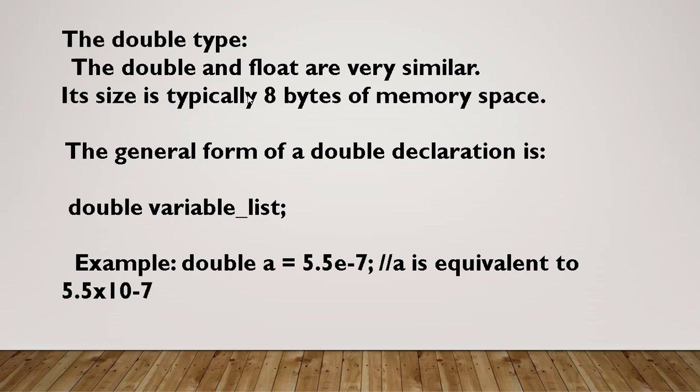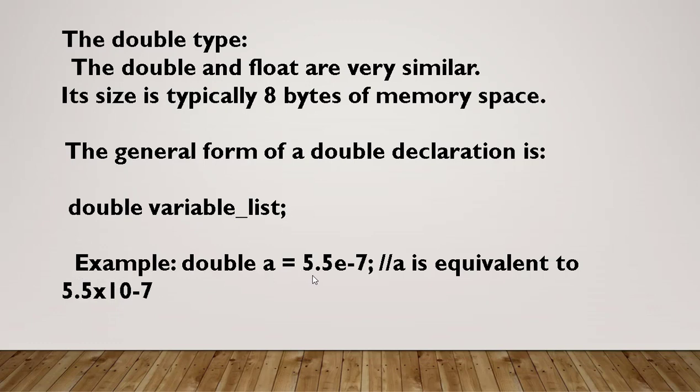The next fundamental data type is the double type. Double type is almost like float. Both double and float are very similar. Its size is 8 bytes of memory space, whereas float takes 4 bytes, double takes 8 bytes, that is double the size of float. The declaration for double uses the double keyword, then the variable name, and then you put a semicolon.